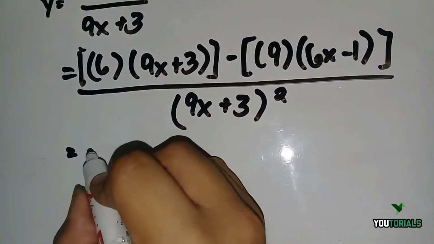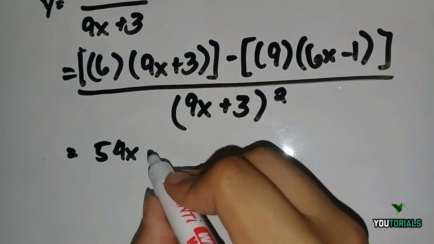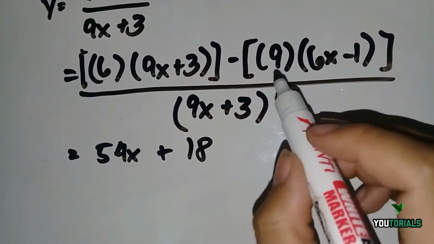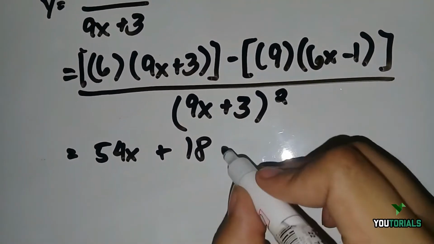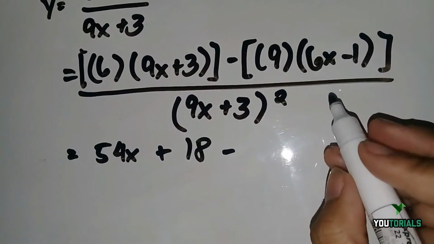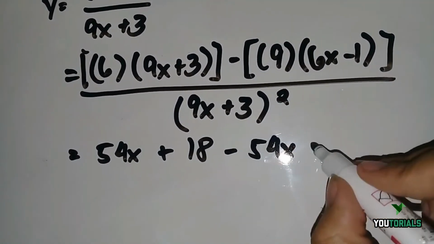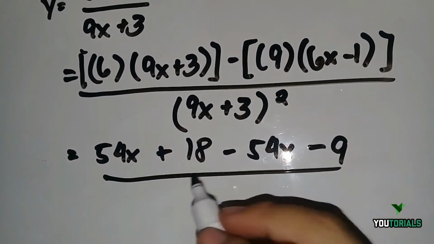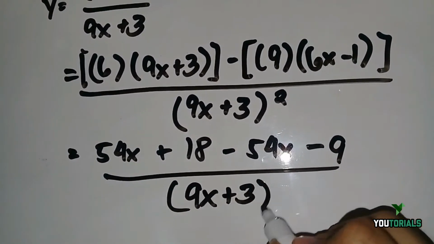6 times 9x would be 54x. 6 times 3 would be positive 18. 9 times 6x would be 54x. Then 9 times negative 1 is negative 9. All over 9x plus 3 squared.